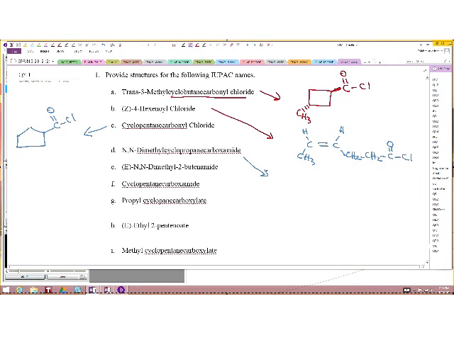About this here, N,N-dimethyl cyclopropane carboxamide. On this one here? This here? This one? Which one? This one here, right? You said it doesn't matter where I put.